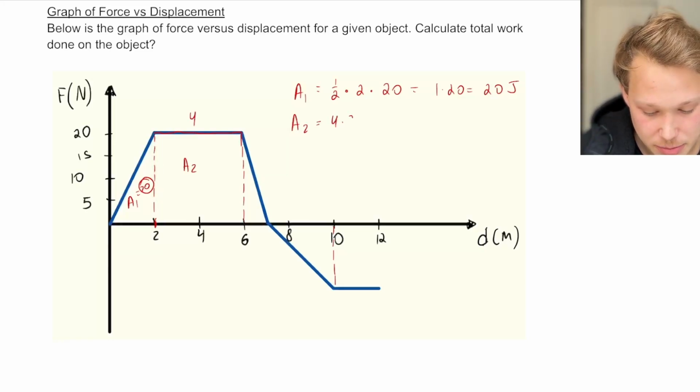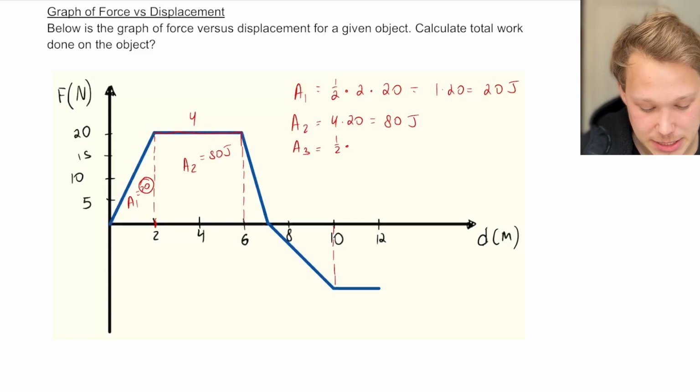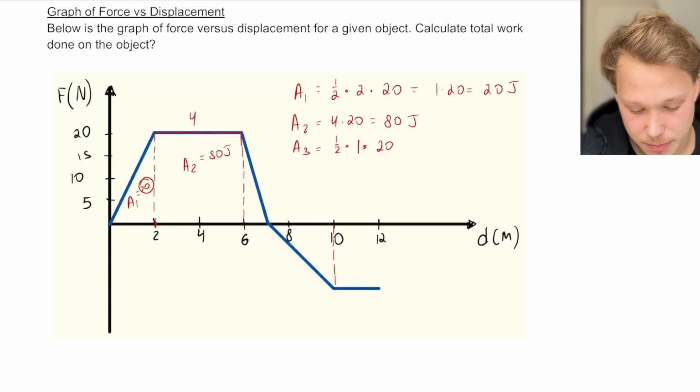So 4 times 20 will give us 80 joules. All right. Now what about this third one right here? So it's going to be 1/2 times base times height. So this side right here is 1, the base, and the height is 20. So it's 1/2 of 20 or just 10 joules.